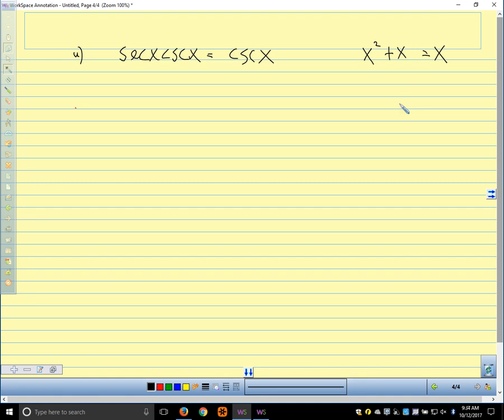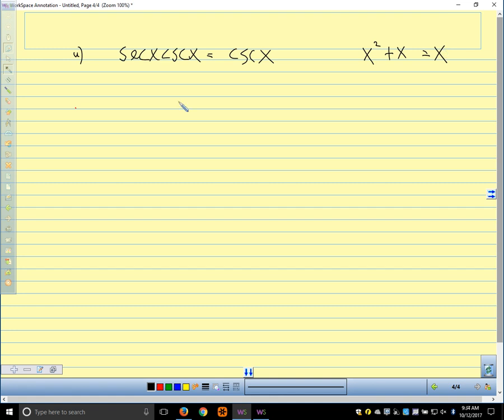If we divide both sides by x, what are we assuming about x? Since we're dividing by it, we're assuming it's not 0. But could x possibly be 0 and solve this equation? Yeah. So if we divided by 0, we would lose that solution. And we'd also be technically dividing by 0.